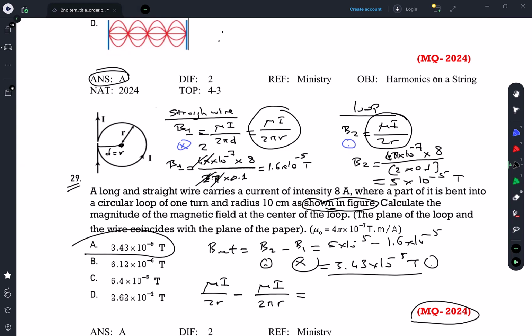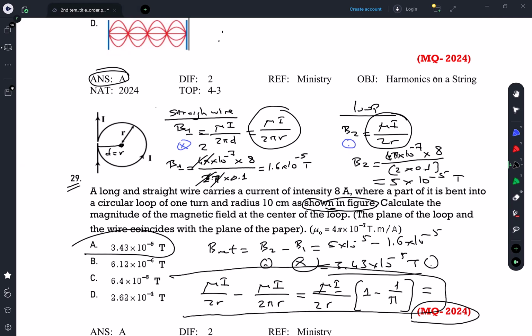You see that mu I over 2R is common in both terms, leaving 1 minus 1 over pi. You can do it like this much quicker instead of doing the one-by-one calculation. It's up to you. With just one step of calculation, you can find the same answer.